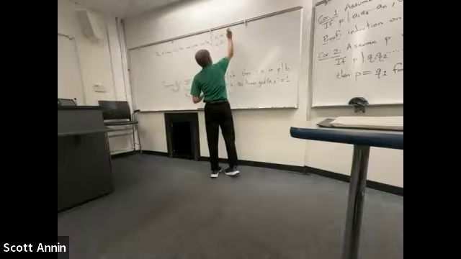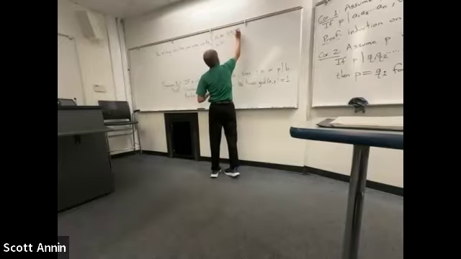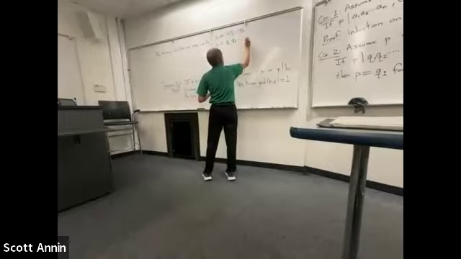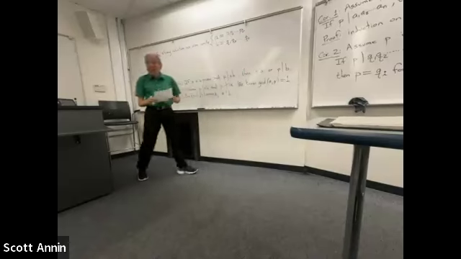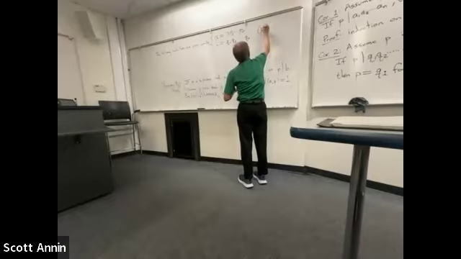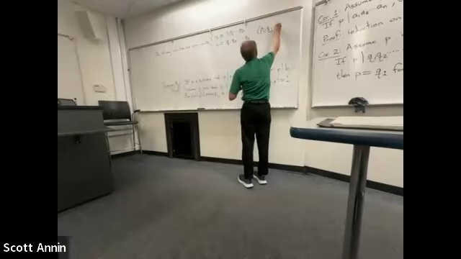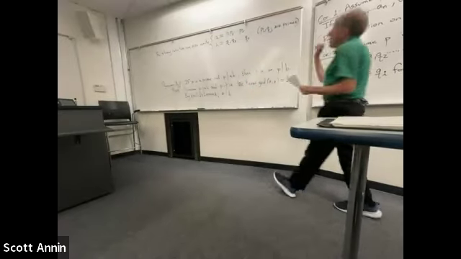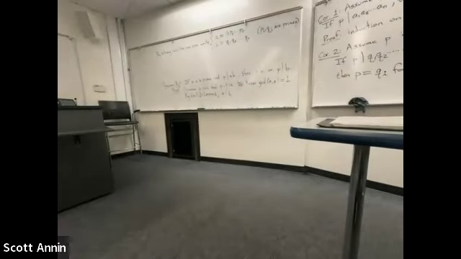So a might be p1 times p2 times ... times pr, and b might be q1 times q2 times ... all the way up to qs, right? And this is just where the p sub i's and the q sub j's are primes. These are all just primes that are making up this product.